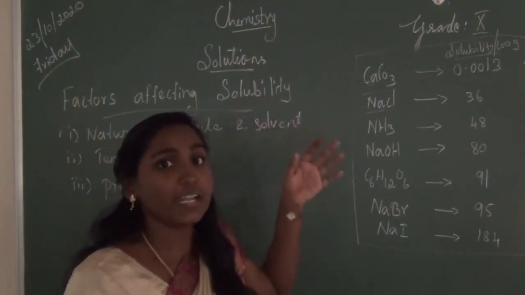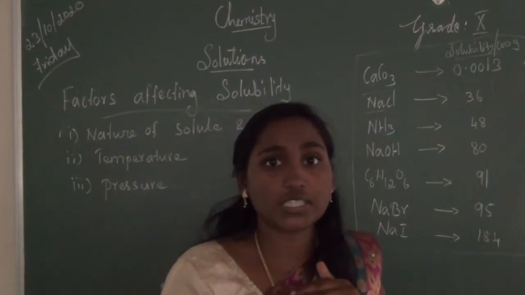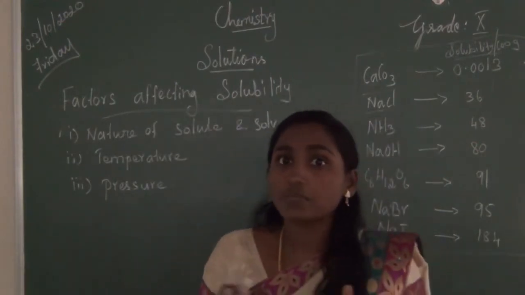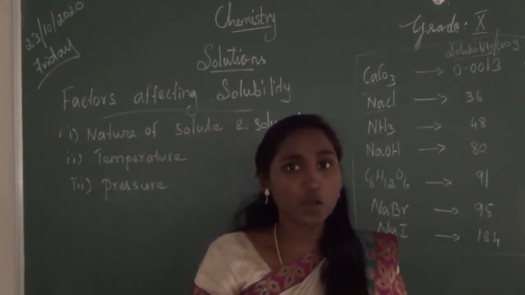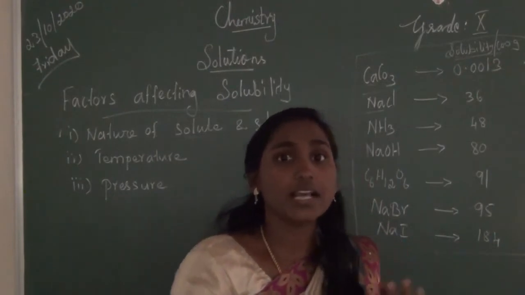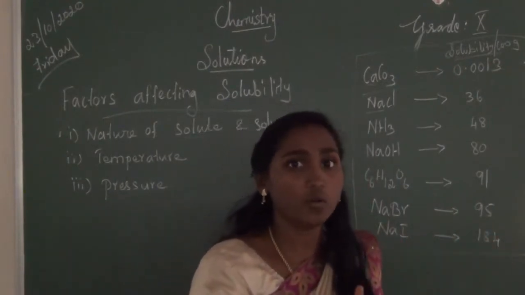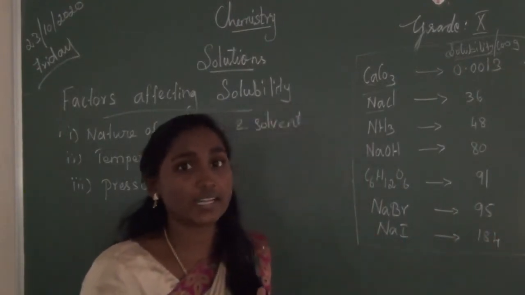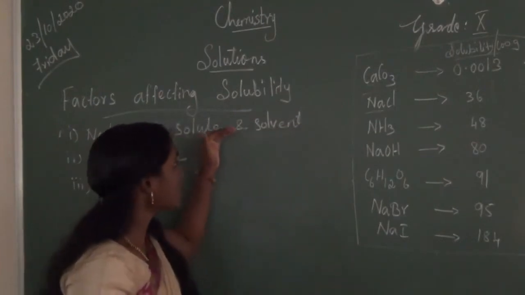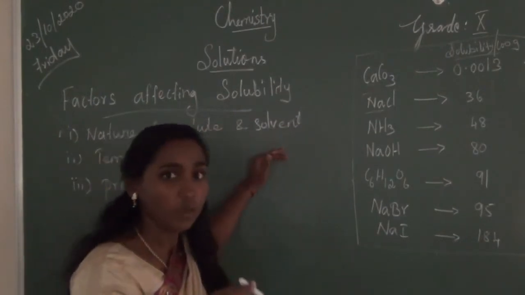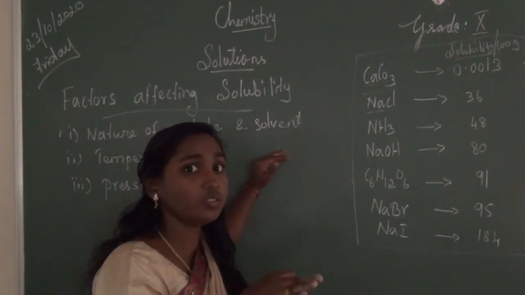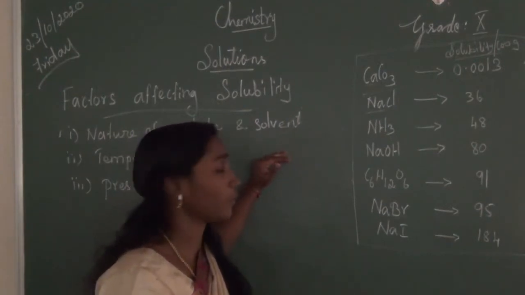We studied aqueous and non-aqueous solutions, right? Aqueous means water acts as a solvent. Non-aqueous means any liquid other than water. Some solutes can dissolve in water, but some solutes cannot dissolve in water.